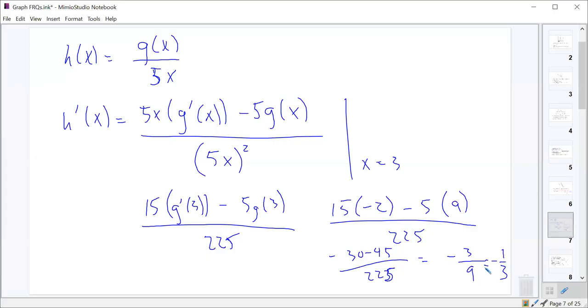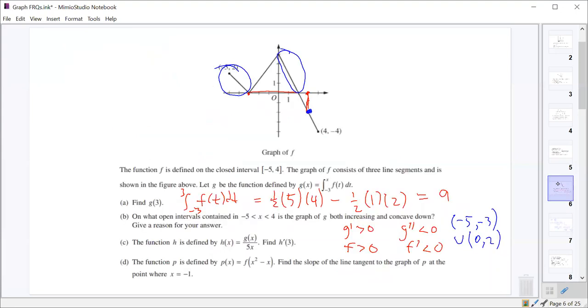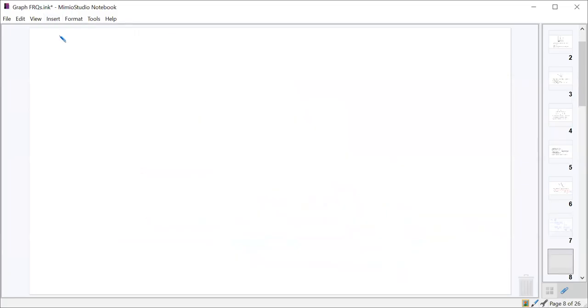Is that what you got? Negative 1/3. Good? Yeah, it's fine. Any other questions there on part C? Cool.